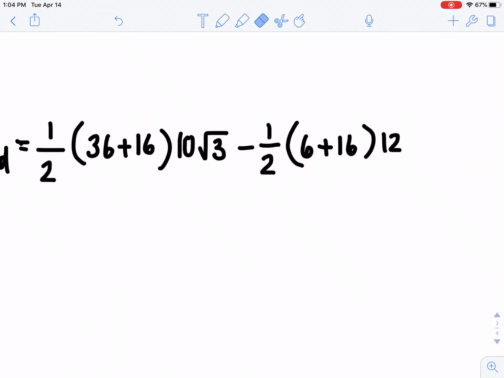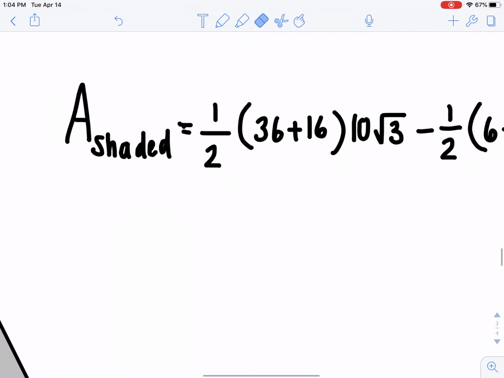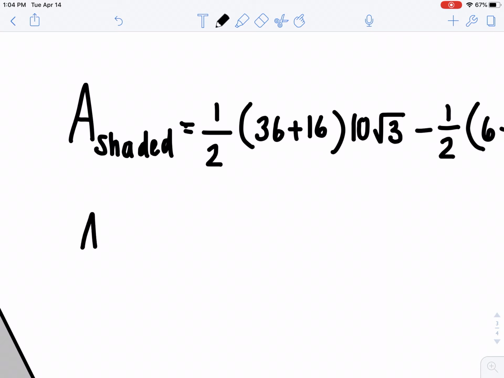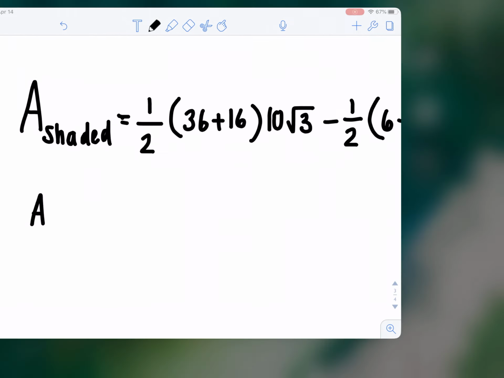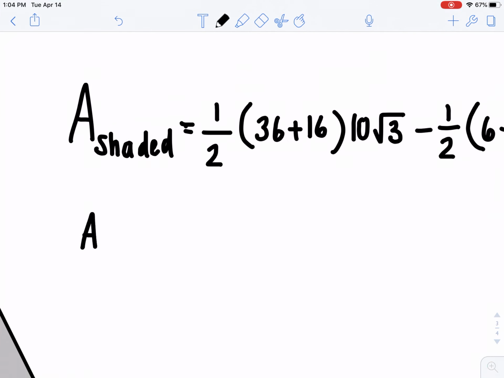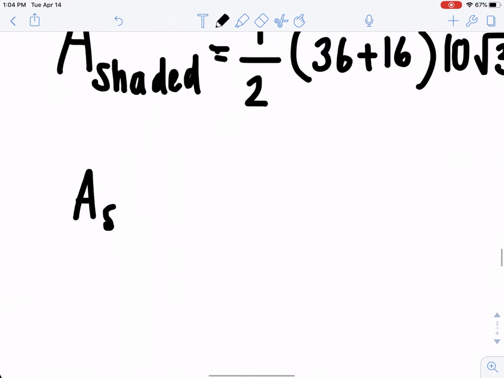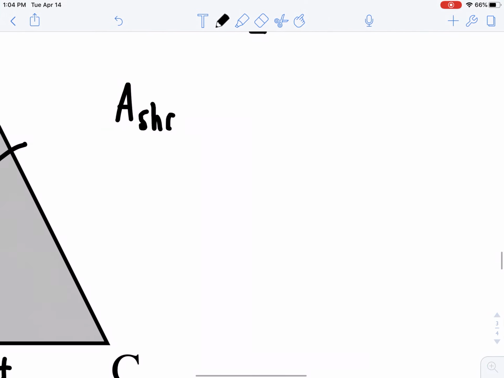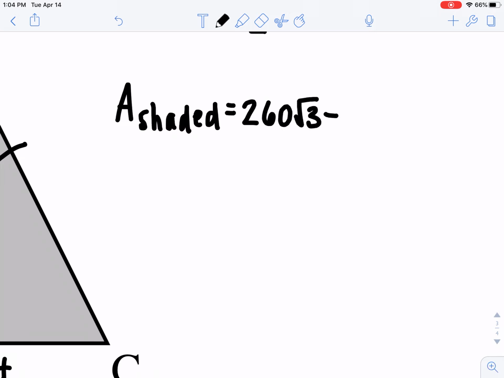Now, when we simplify this, we will get that the area of our shaded region is 260 square root of 3 minus 132 feet squared.